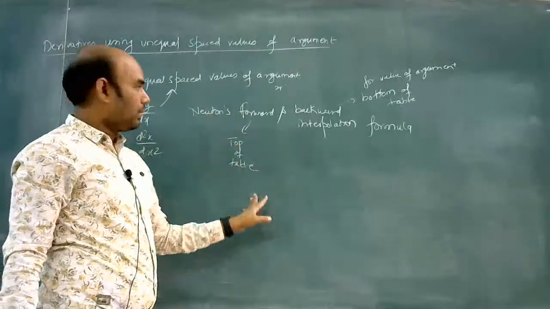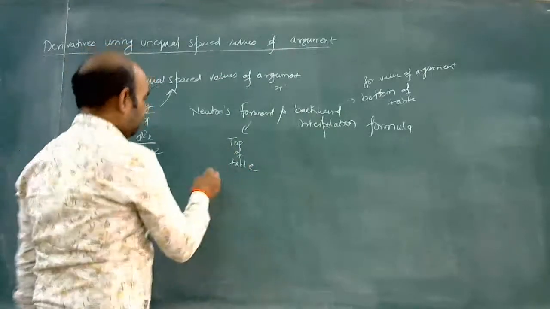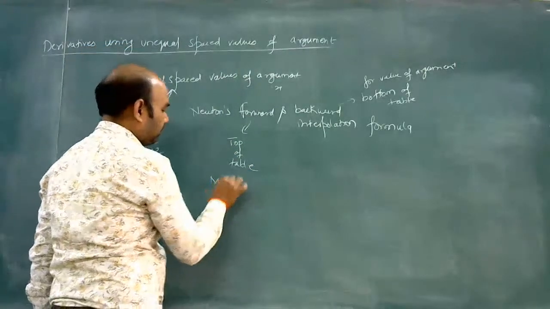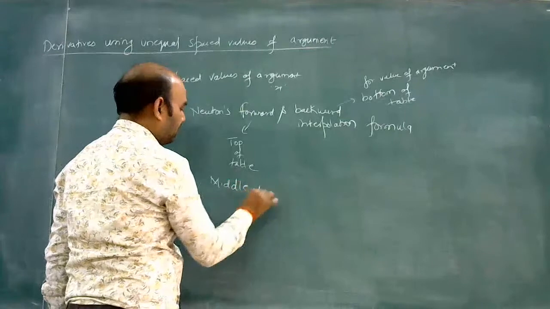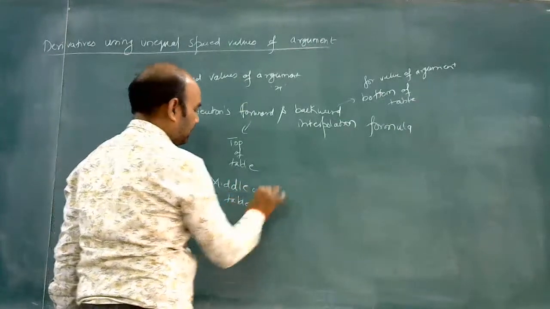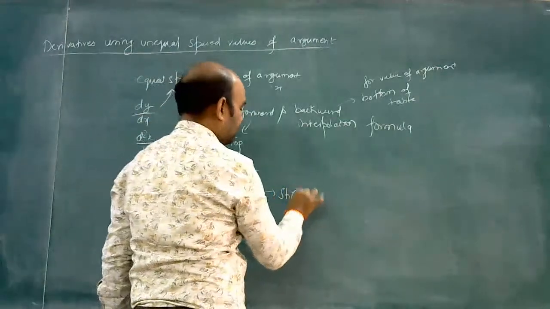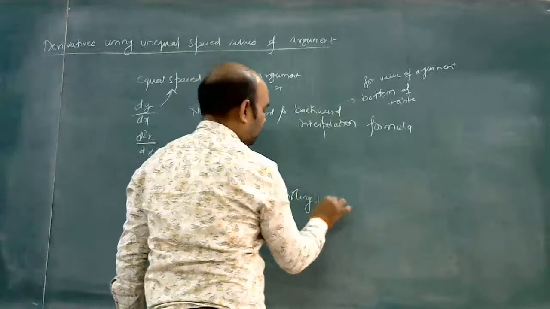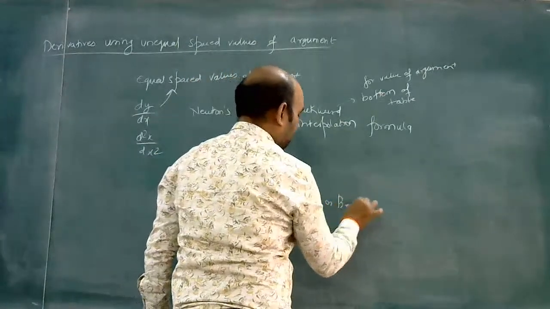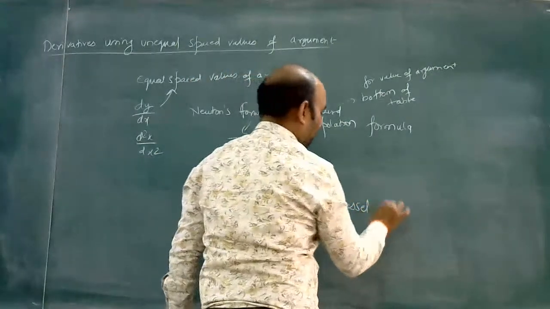And for the middle of the table, we use Stirling's or Bessel's interpolation formula.